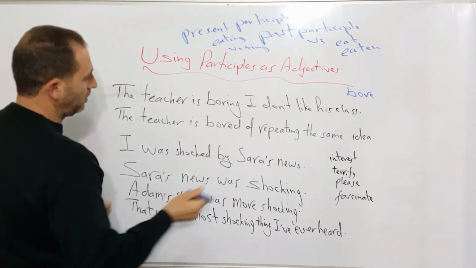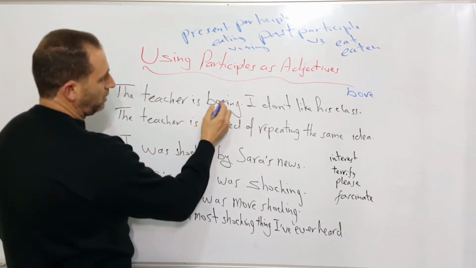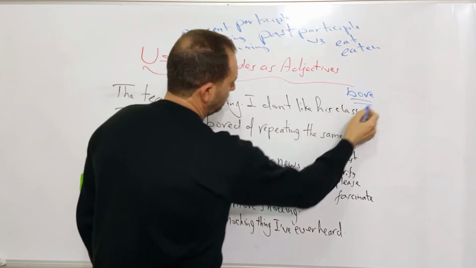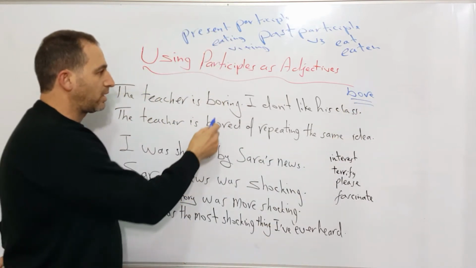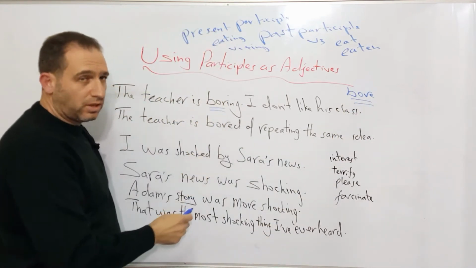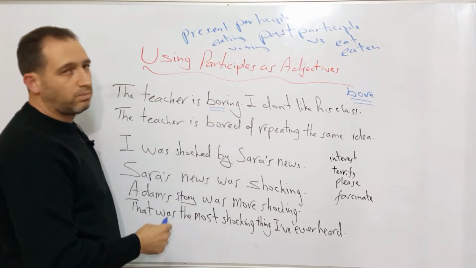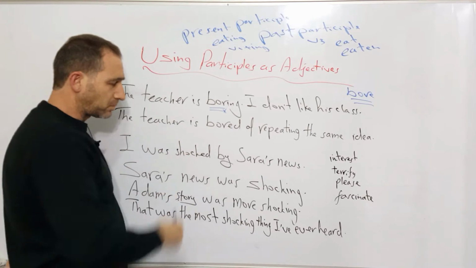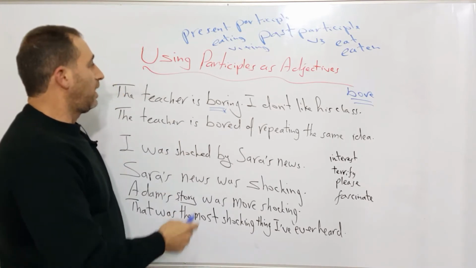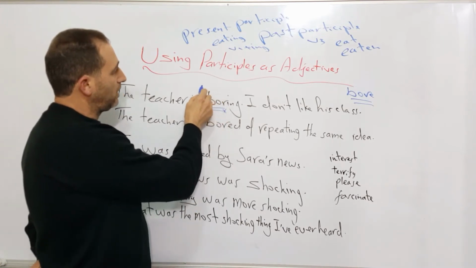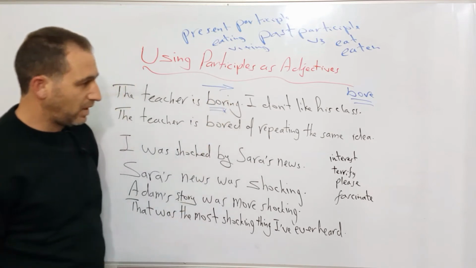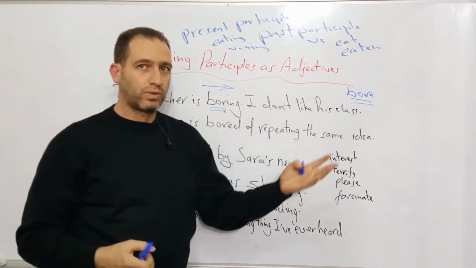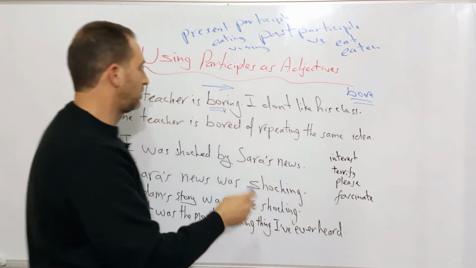Let me show you what I mean. So the verb is bore. Here I used boring. I added an ing, bore, boring. Here I have an adjective, boring, after is, and here the teacher is sending. He's causing the students to feel bored. So he's sending something.